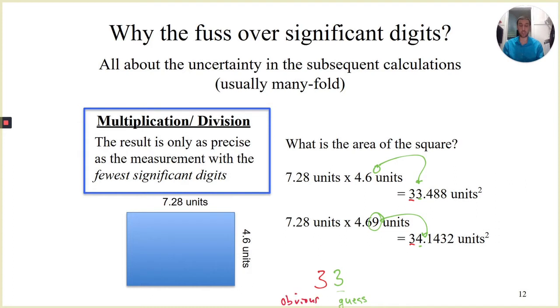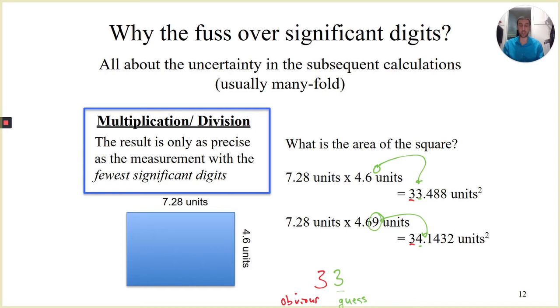If we tried to compare this back to our addition and subtraction with the precision of the place, that doesn't work, because our answer varies at the ones place, but both of our measurements report out more information in the ones place.